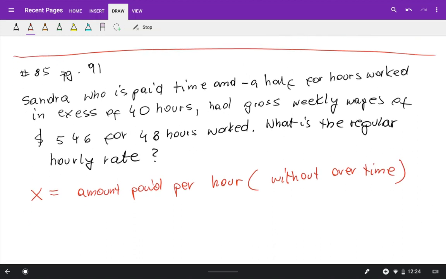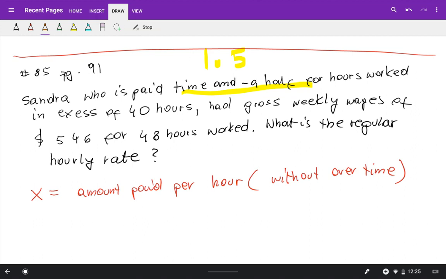Okay, so what we know is that she's paid time and a half, which is 1.5, for each overtime hour, which means hours after 40.